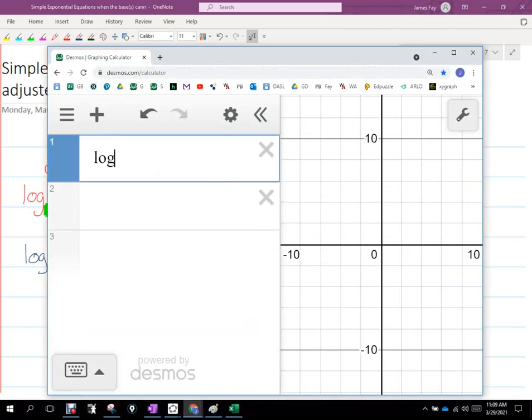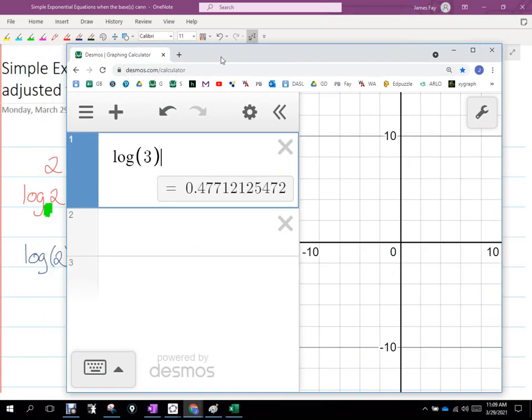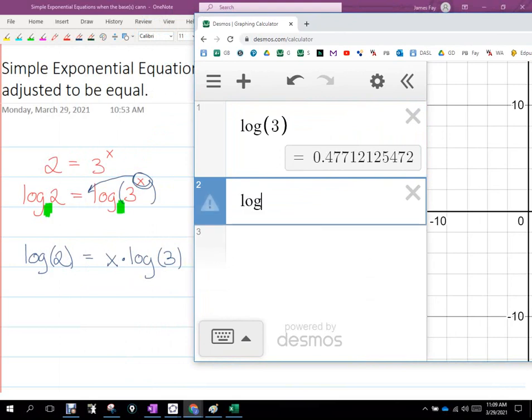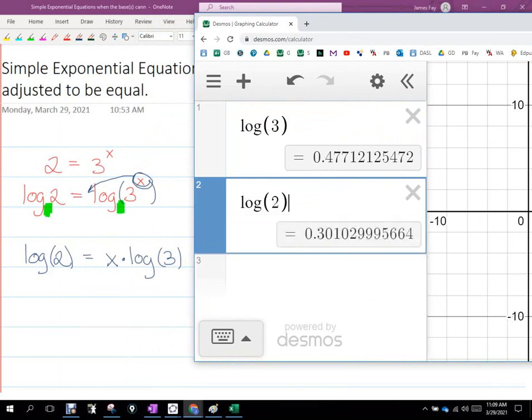What I want you to see is that log of 3 is that number right there, and log of 2 is that number right there. Those are irrational numbers, meaning they go on forever and never repeat. So if I cut them off, then I really don't have log 3 and log 2 anymore.